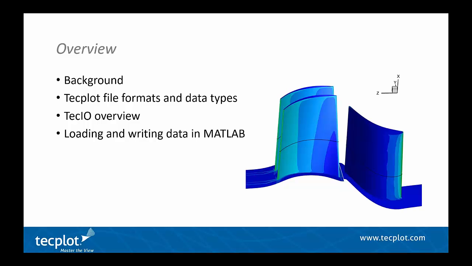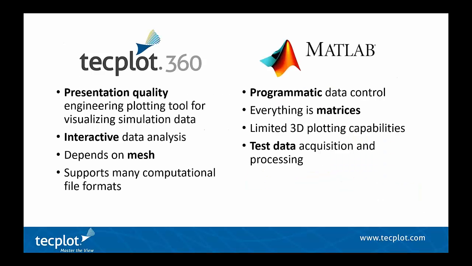Not only was his process more reliable because his previous process did fail on occasion, but it's also 3 times faster. So big win for him, and we're going to share the results of that work with you today. So at this point, I'll hand it over to Devin Simpson, and she's going to tell us a little bit about when you would use 360, when you would use MATLAB, and then the rest of the technical presentation.